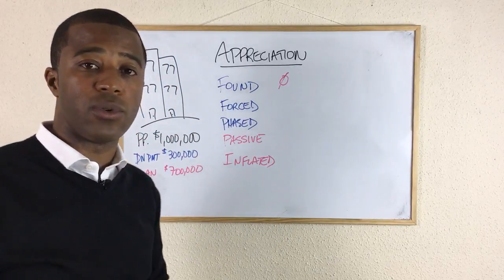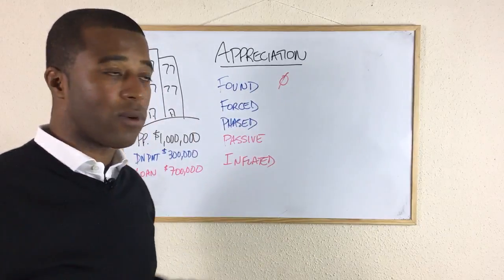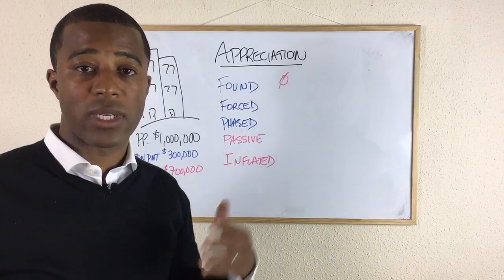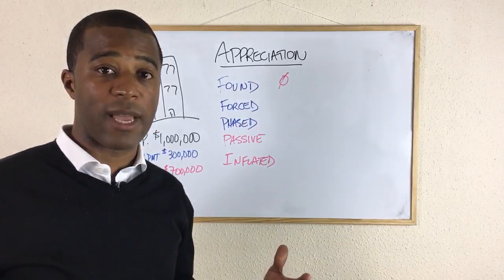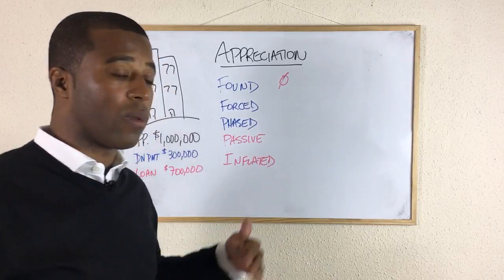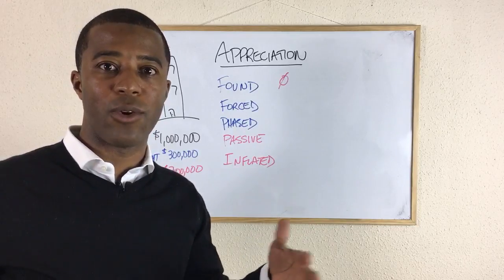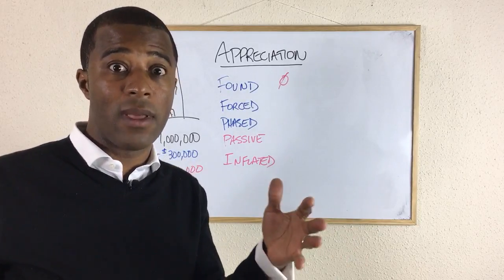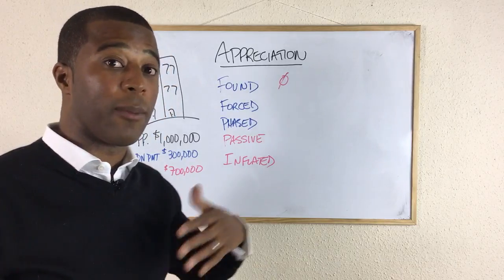We're now going to move to the forced appreciation. When we're looking at doing a forced appreciation play, creating it over time, we're going to say that in this specific example, this $1 million building was already brand new. The state was fine, so there weren't any areas for us to improve.